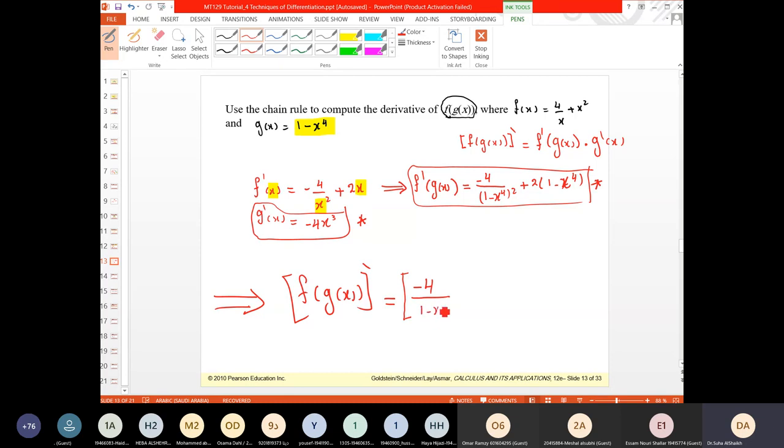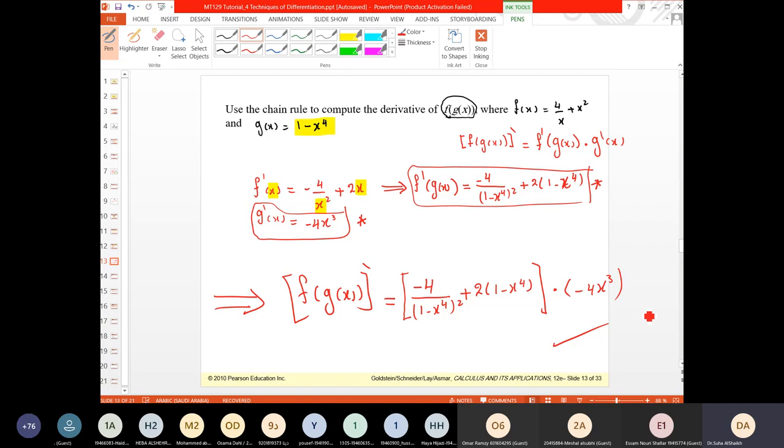Minus 4 over (1 minus X4) square plus 2 (1 minus X4), multiplied with minus 4X3, and this is the solution. Is it clear now? So from this, this is the solution. From my side, this is all I can clarify.